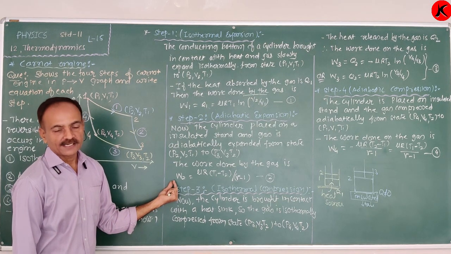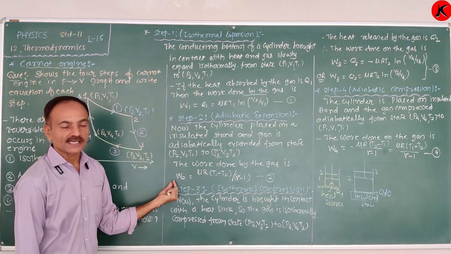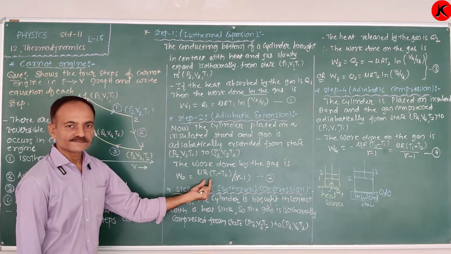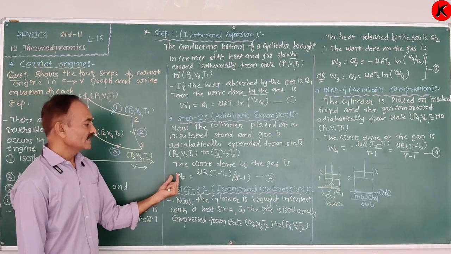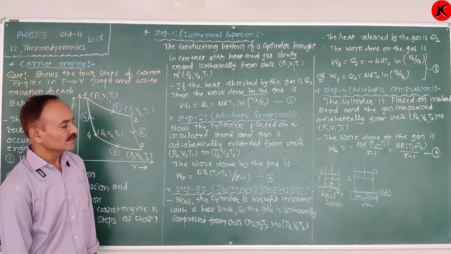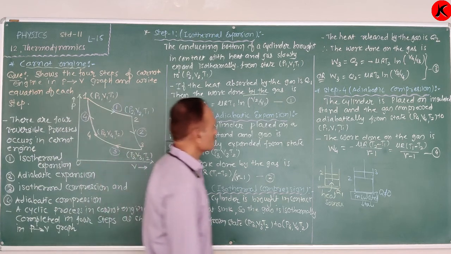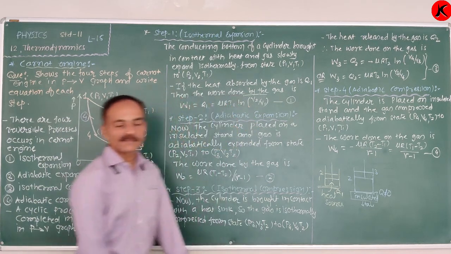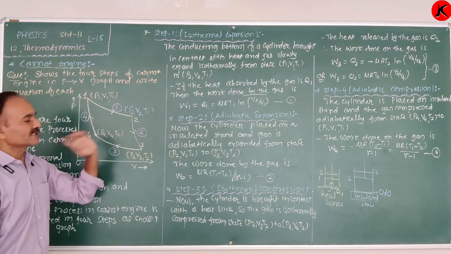W is equal to mu R (T2 minus T1) upon (gamma minus 1). Actually, there is a negative. But here, W2 is equal to mu R (T1 minus T2) upon (gamma minus 1). Completed.